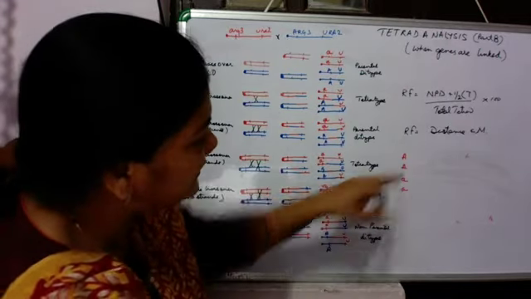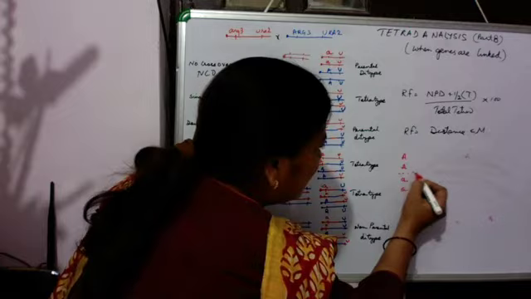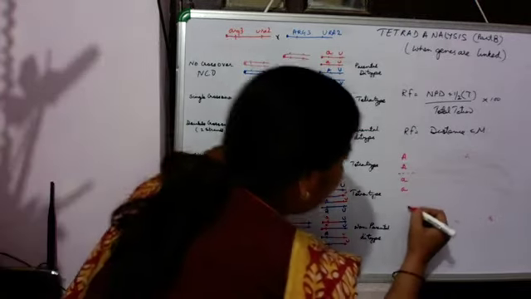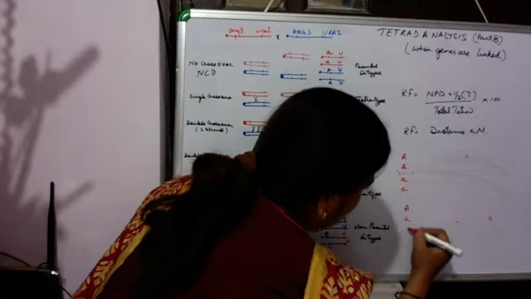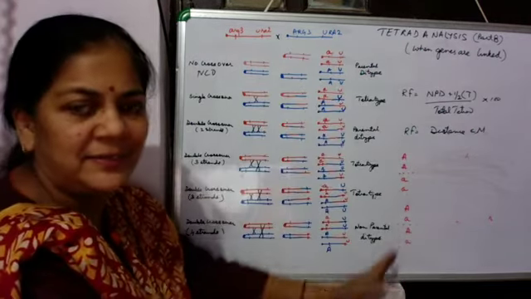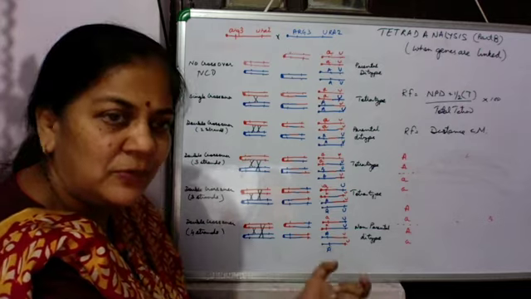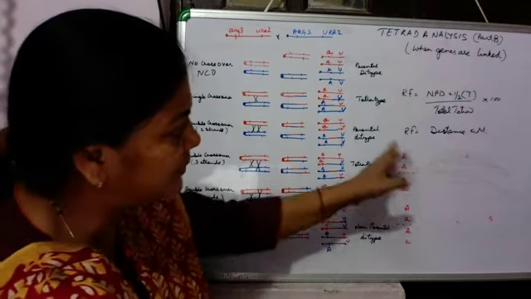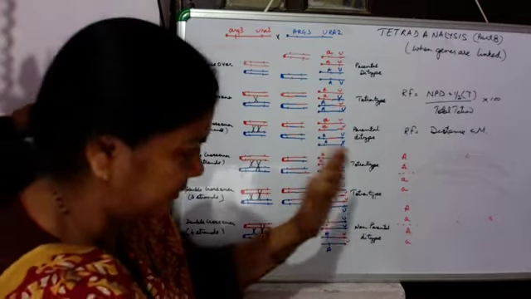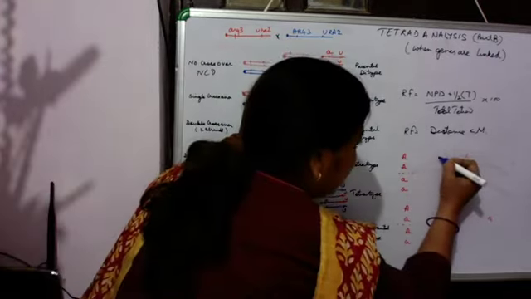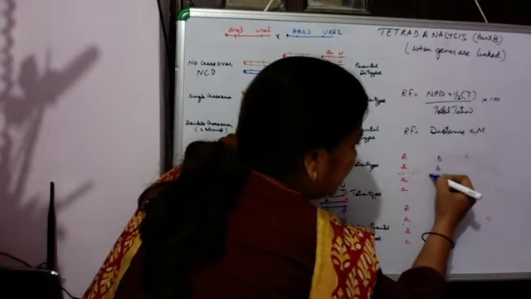So if the arrangement is like this, you know that these are first division segregants. If the arrangement is like this, you know that these are second division segregants. So by calculating the number of second division segregants, you can find out the distance between the centromere and this A loci.